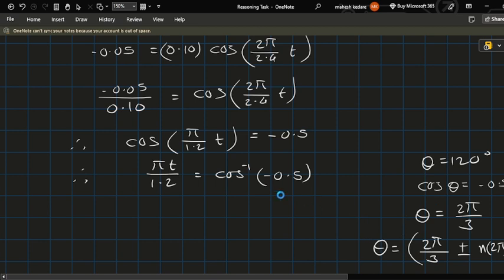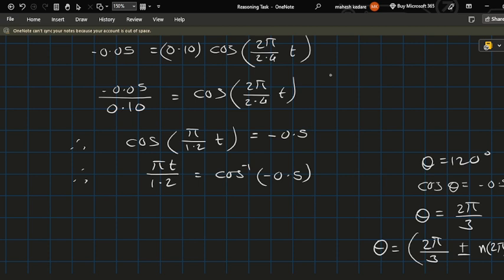So any value can be substituted here, but in the question we have asked when will the object or mass be at a distance of x equal to minus 0.5 meter for the first time. So we have to find the duration that corresponds to the mass reaching the distance of minus 0.5 meter for the first time.